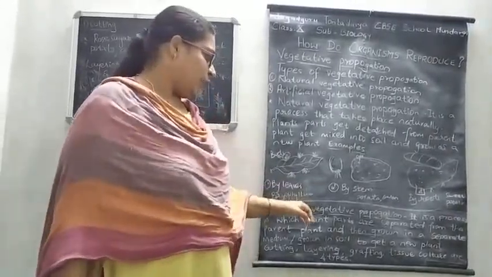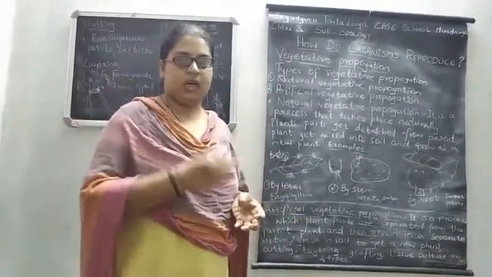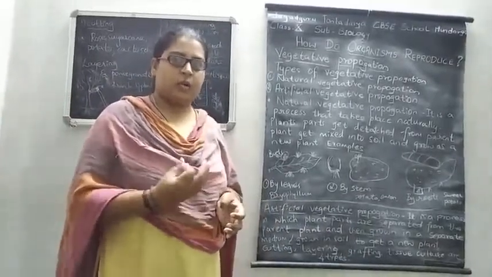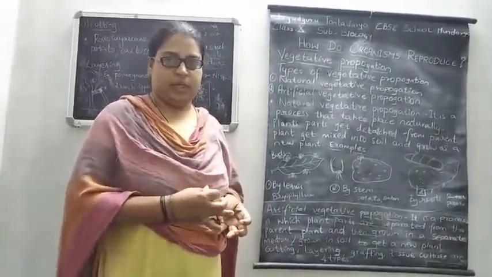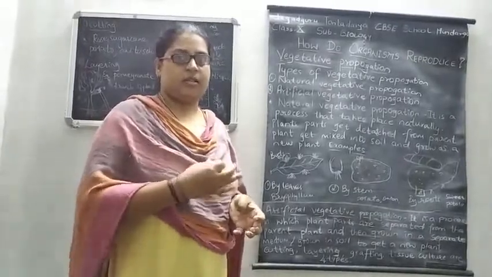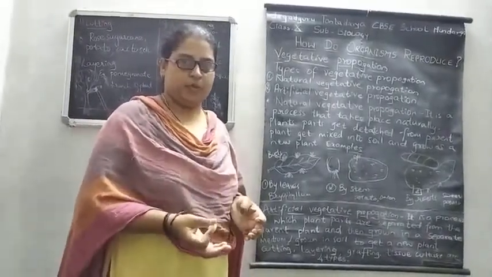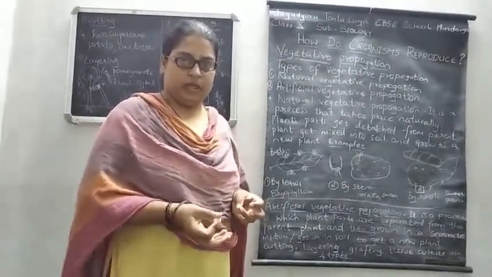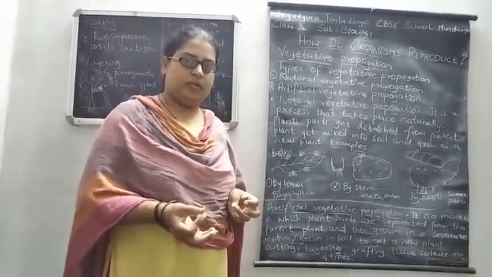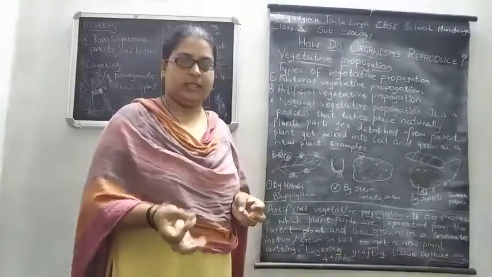We artificially take out the plant parts and grow them in some other nutrient solution medium. Once the new plant is formed, it is separated from the nutrient medium and put in soil.